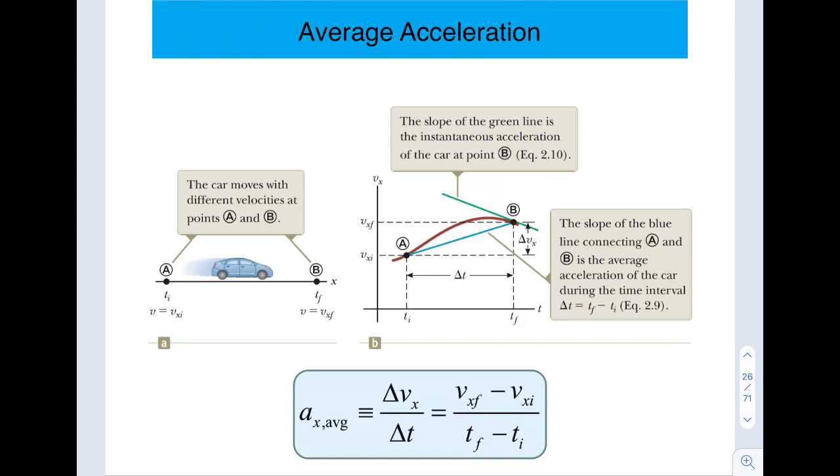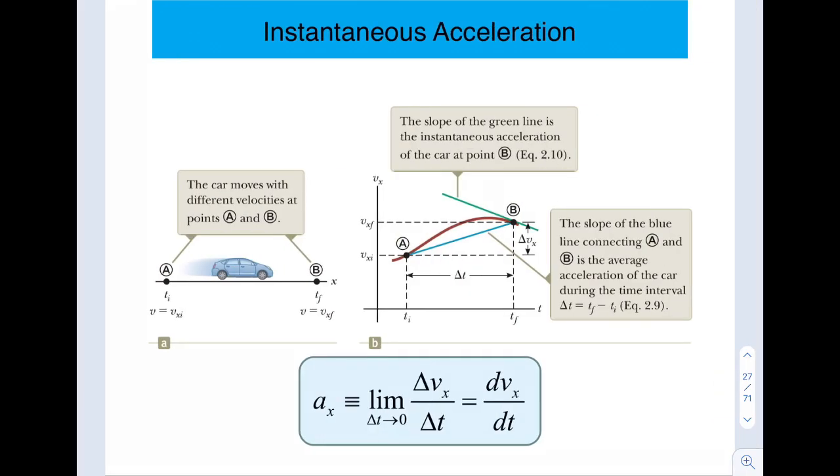At this particular t only, what is the a of the car? For one position, what you do is draw the tangent line. If you're talking about average, it must consider 2 points of position from A to B, so you get the gradient between these 2 points. That is average. When you have a tangent line and figure out the gradient of the green line here, that is instantaneous acceleration.